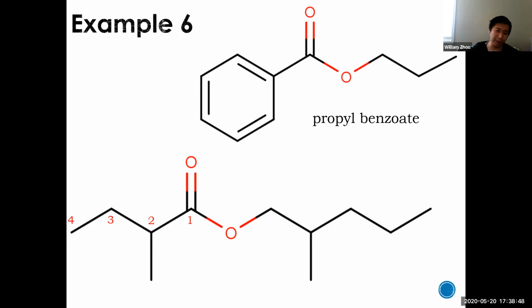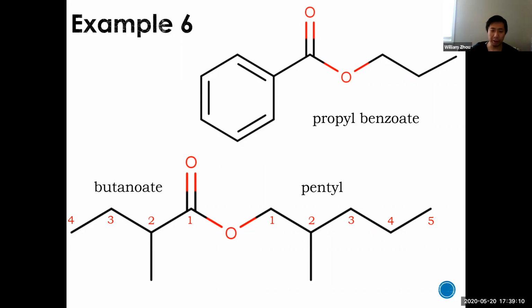The double bond O has to be carbon 1. You go to the left all the way to 4. And you number the carbon on the other branch as well. Again, you start from the carbon with the oxygen and you go to the right side. You have 5 carbons there. So that will be butanoate on the left, pentyl on the right. What do you do with the branches?